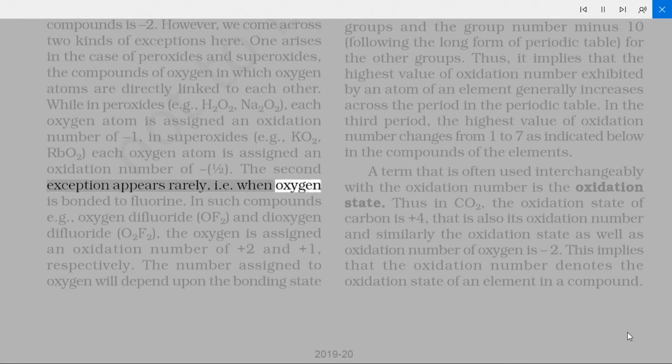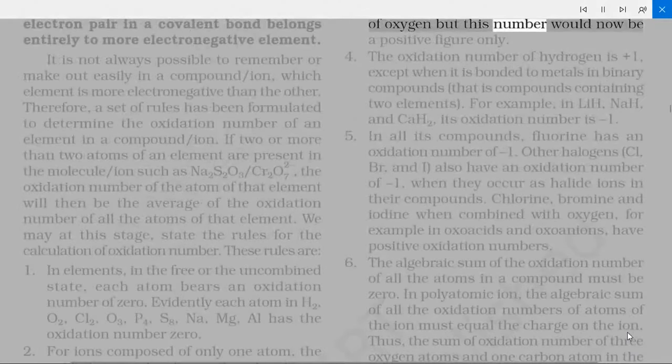The second exception appears rarely, i.e., when oxygen is bonded to fluorine. In such compounds, e.g., oxygen difluoride, OF2, and dioxygen difluoride, O2F2, the oxygen is assigned an oxidation number of +2 and +1, respectively. The number assigned to oxygen will depend upon the bonding state of oxygen, but this number would now be a positive figure only. 4.